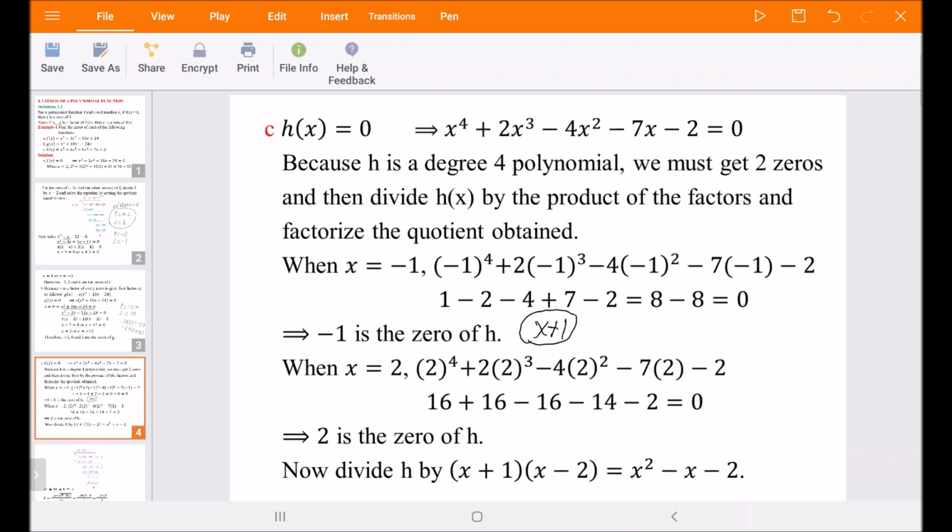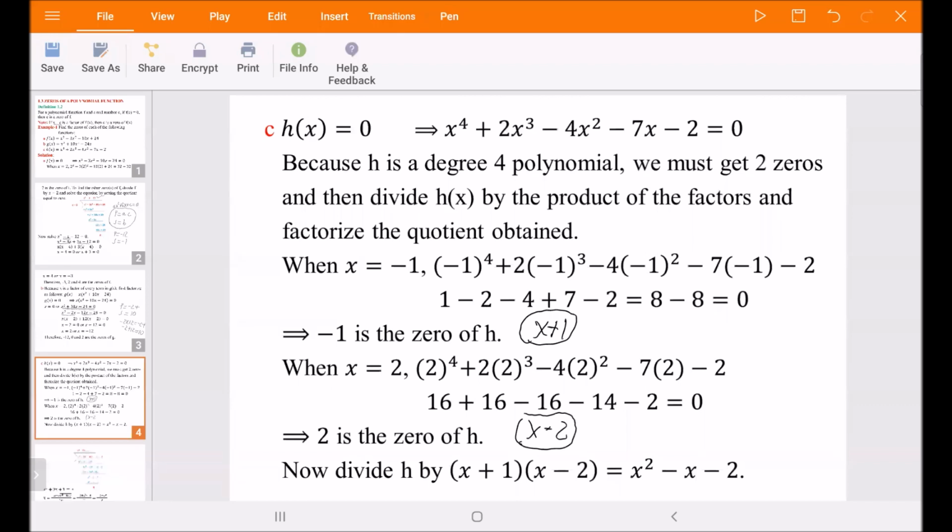So x minus minus 1 is x plus 1. Again, when x is equal to 2, the value of h of x is equal to 0. That means 2 is a zero of this polynomial. If 2 is a zero of this polynomial, x minus 2 is a factor of this polynomial.